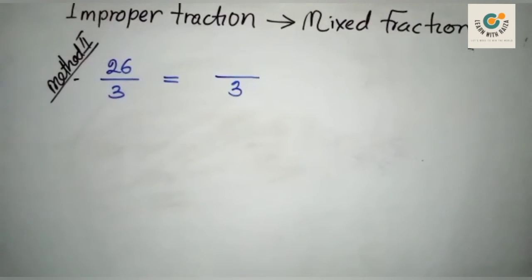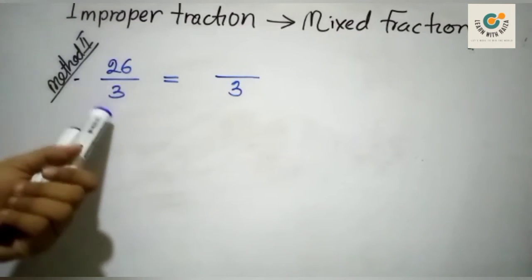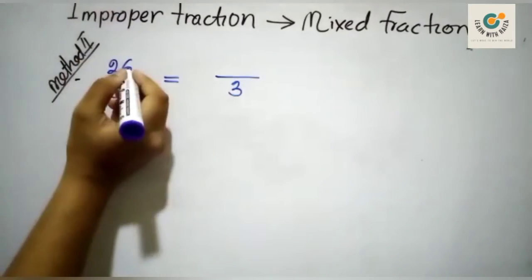Then check what is the value closest to 26 in the 3 times table. 3 1s are 3, 3 2s are 6, 3 3s are 9, 3 4s are 12, 3 5s are 15, 3 6s are 18, 3 7s are 21, 3 8s are 24, 3 9s are 27. So 3 9s are 27, exceeding 26. 3 8s are 24, which is closer to 26.